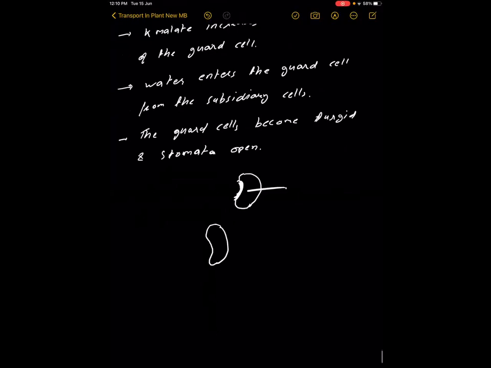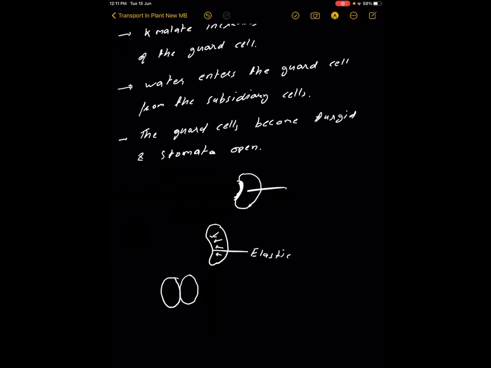If it is elastic, what will happen? Water pressurizes this wall towards the pore, so it will not open. It becomes oval shaped, which means no chance of opening of the stomata.